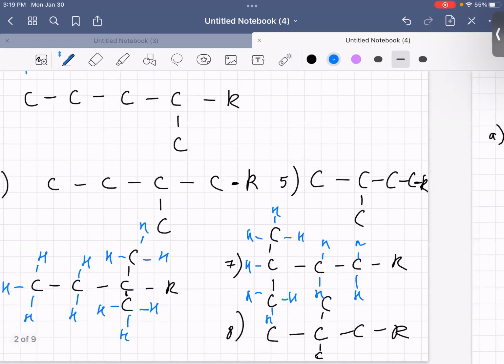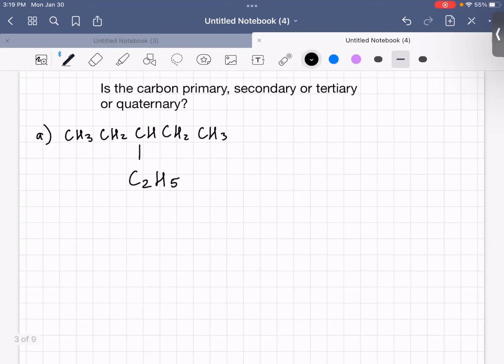Okay, so in this exercise, they're asking, is the carbon primary, secondary, tertiary, or quaternary? So they're asking for the main carbon, so this carbon. And asking is it primary or secondary just means to how many carbons is it attached, right?